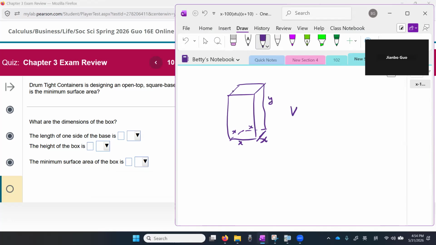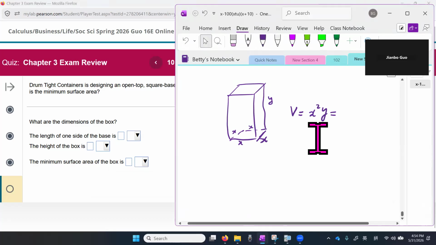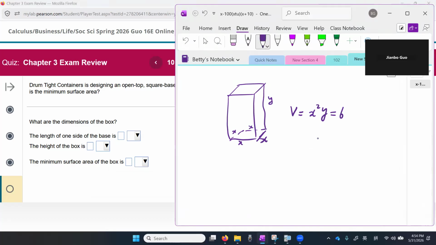Then the volume is x squared times y, base area times height. The given volume is 62.5. And that gives us y equals 62.5 over x squared.